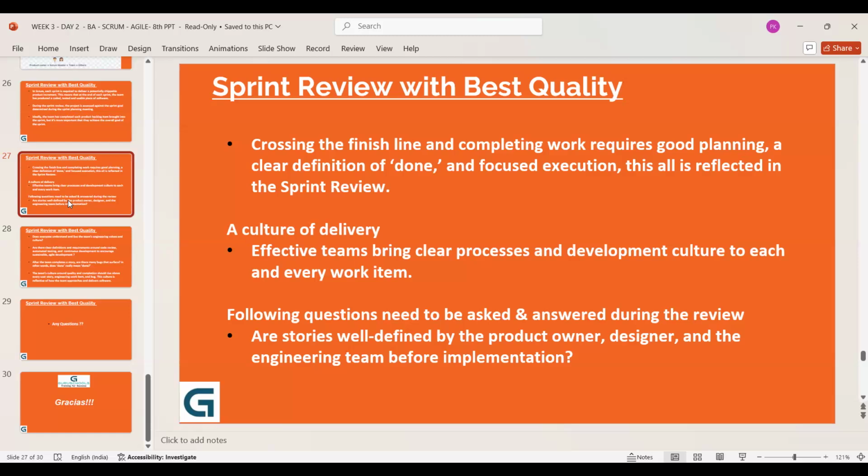Because unless and until you understand the functionality, and when I say you, that means everyone involved, right? Product owner, Scrum Master, development team, BAs, testers, developers, everyone. Unless you understand the gist of what the customer is asking, what the customer is expecting us to develop, we will not be in a position to develop that. As simple as that. You get my point?